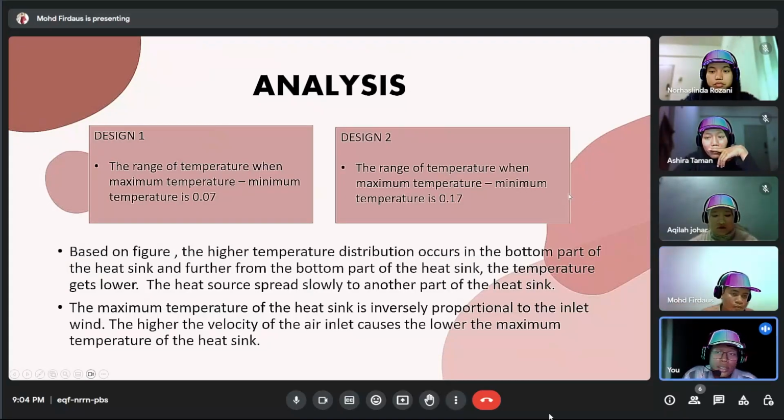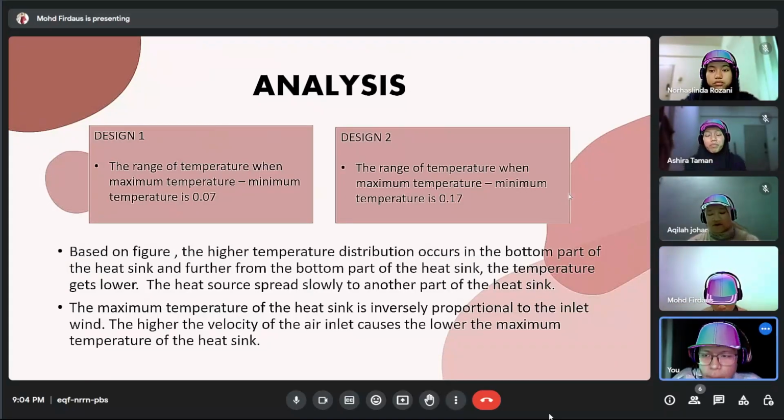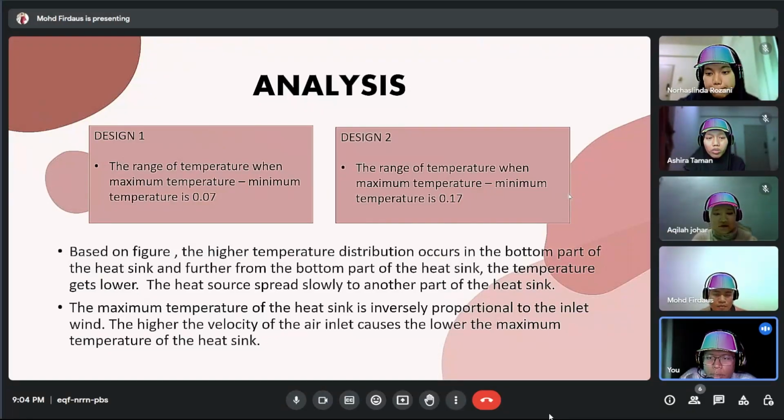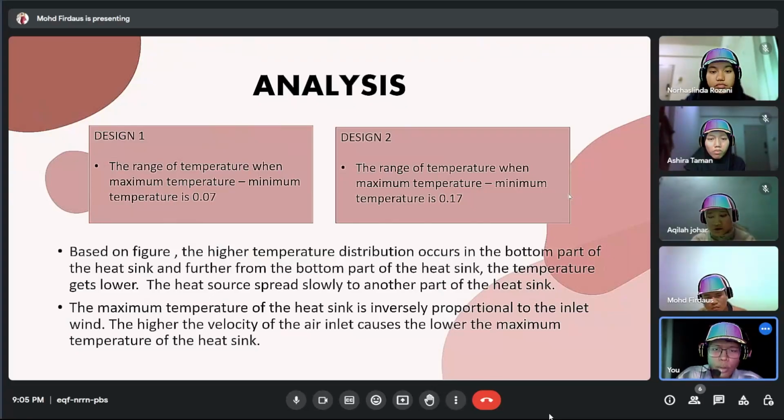In the analysis for design 1 and design 2, for design 1 the range of temperature, when the maximum temperature is minus the minimum temperature, is 0.07. For design 2, the range of temperature, maximum minus minimum, is 0.17.